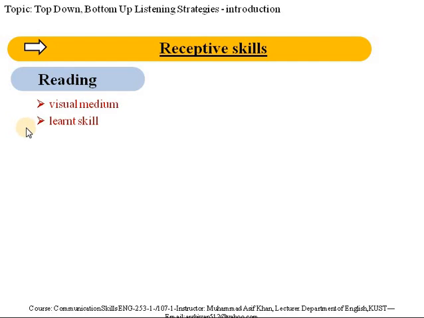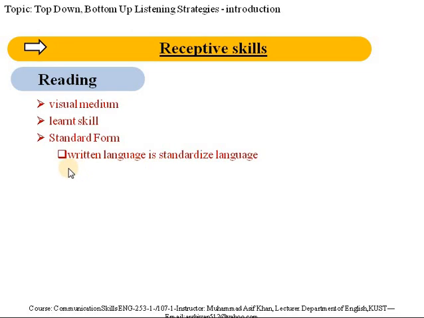Another important thing is that it has a standard form, and most of the time written language is called the standardized language, because written language has the same spellings from beginning to end, and all over the world we have the same spellings. Though there is evolution and some deviations, these deviations are very clear, and we know that these spellings are British spellings and the others are American spellings. That distinction is very clear to us. Otherwise, there is a standard form of the written material.